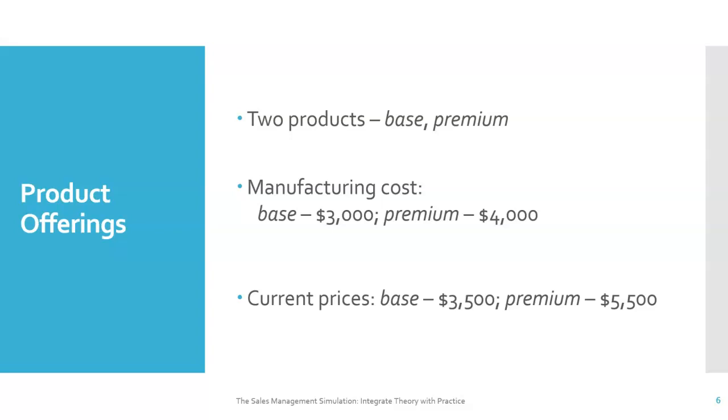One thing you're going to have to determine is how you are going to price your product. This is the default. How you price your product is up to you. You could price the premium at $10,000 if you wanted to. I don't know how much you'd sell. You could do that and undercut the base.